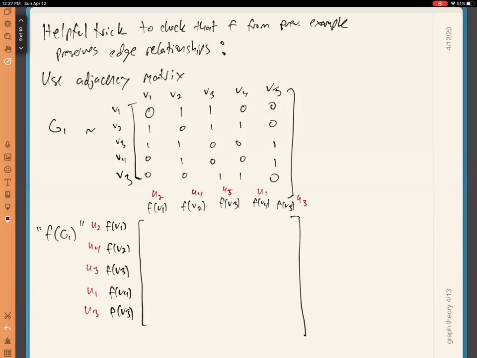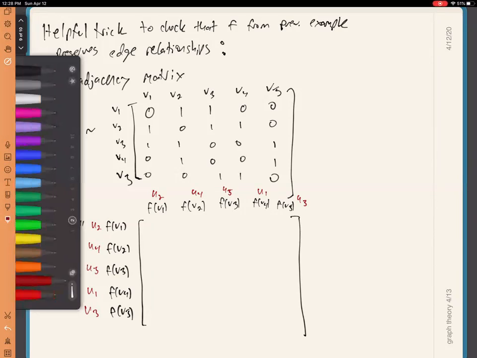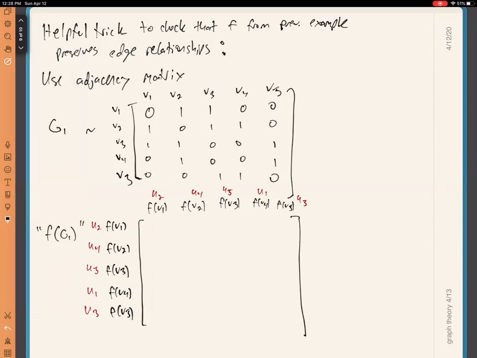Now if I look at the original graph G2, and I draw the corresponding edge relationships with respect to this order on the vertices, you'll see that you get the same matrix. You can check that the matrix is going to be the same.